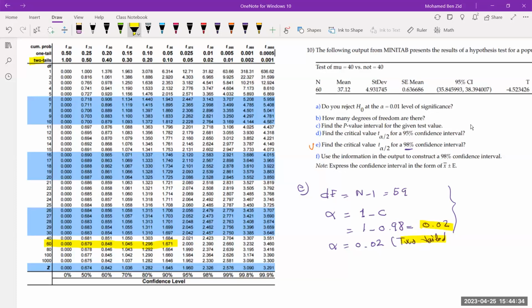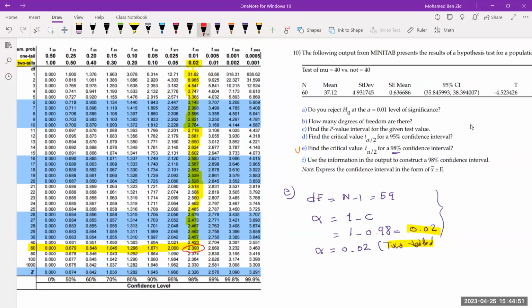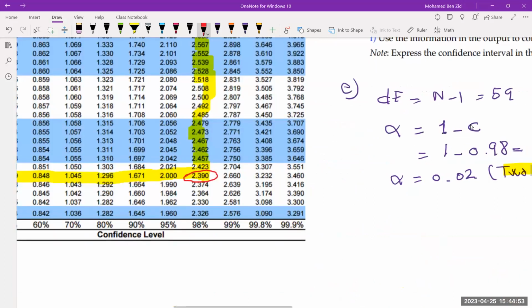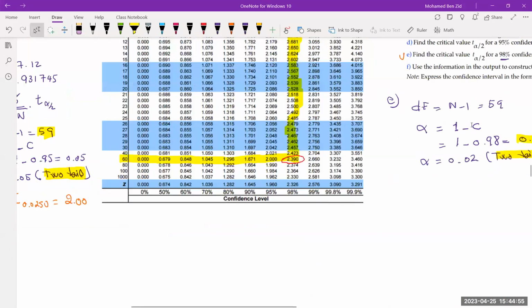All right. So this is two-tail and 0.02 is right here. So you're going to follow through this column and extend this line, and the intersection is going to be 2.39, I think. Yeah, 2.39.